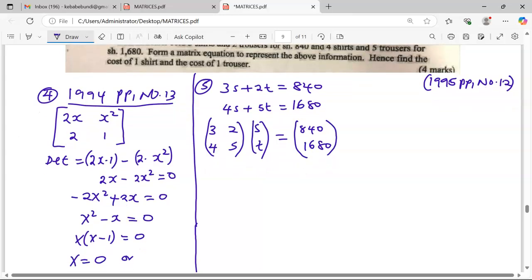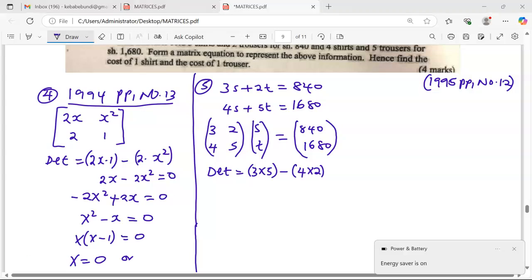After that, we get the determinant of this matrix by multiplying the elements of the main diagonal, that is 3 times 5, minus the product of the elements of the other diagonal, which is 4 times 2. So this gives us 15 minus 8, giving us positive 7.